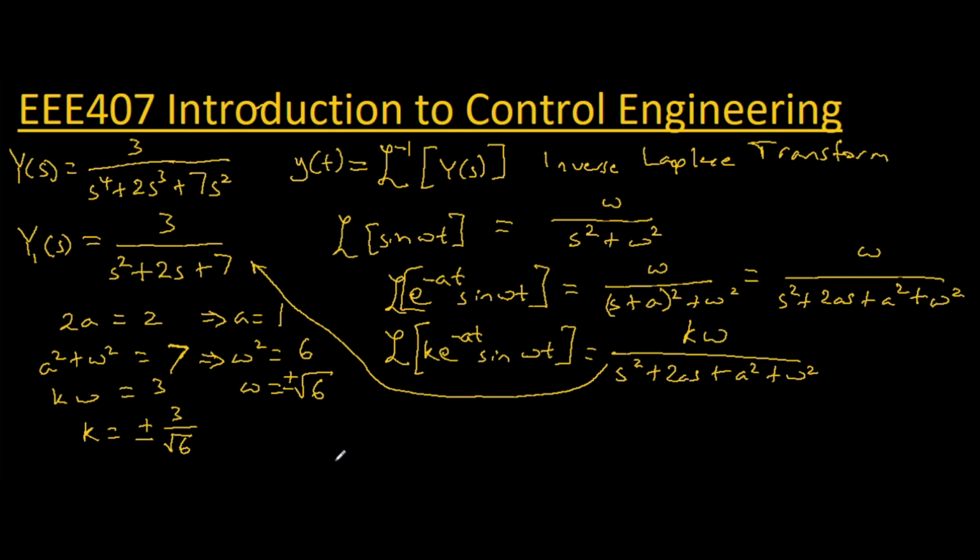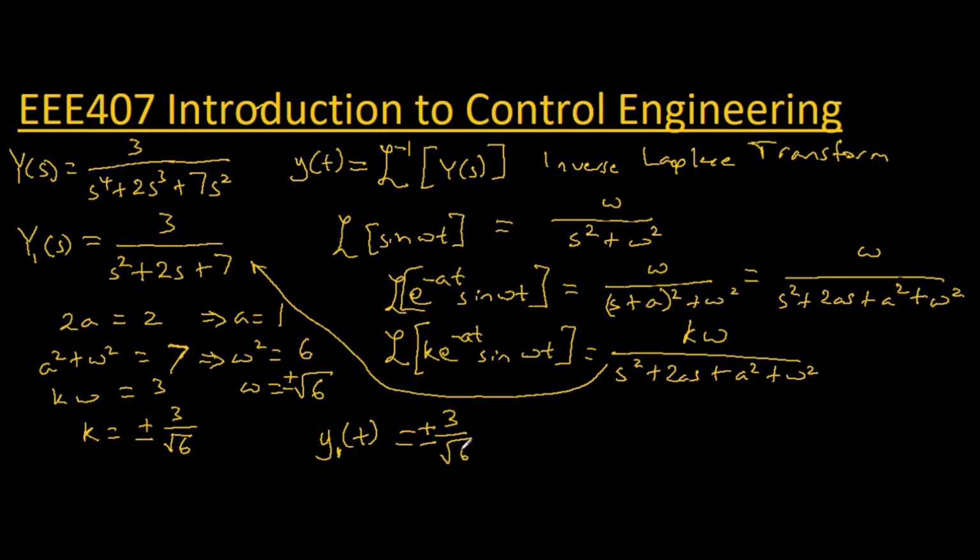So I'll just say that we have found a solution, and my y1 of t, because we're dealing with y1 of s, is equal to 3 over root 6. Now, let me not just use the positive alone. Let me write the full thing here, because that really is what it is.